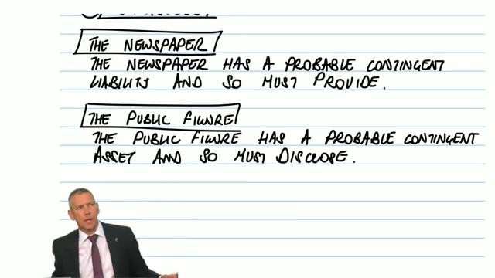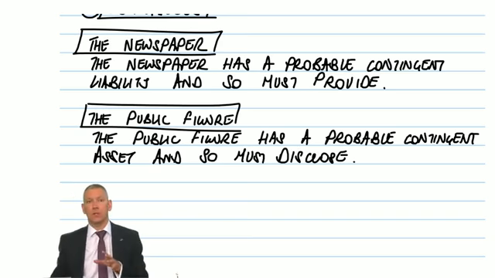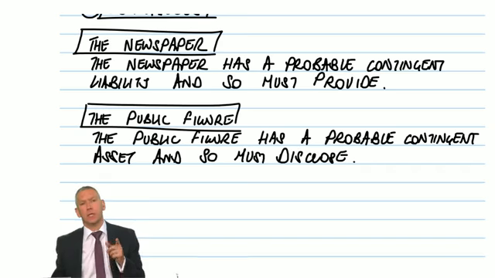Zuberi's just asked, would this be a 7 marker? Could you get a 7 marker on contingencies? Absolutely no chance. But you could get a contingent liability in a story that's got 7 marks.